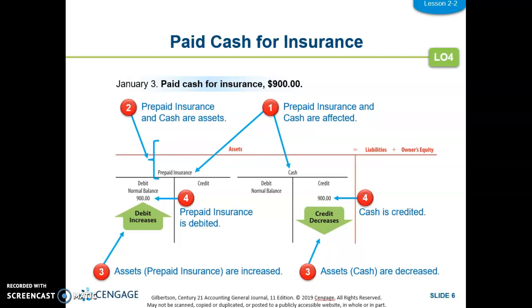The second one is how is each account classified? Prepaid insurance and cash are both assets. And then how does each classification change? Prepaid insurance, we are buying insurance, so it is increasing with a debit. We are paying cash, so it is decreasing with a credit.